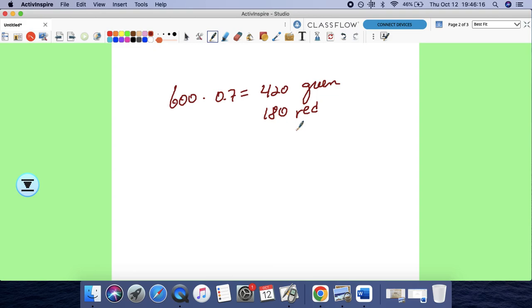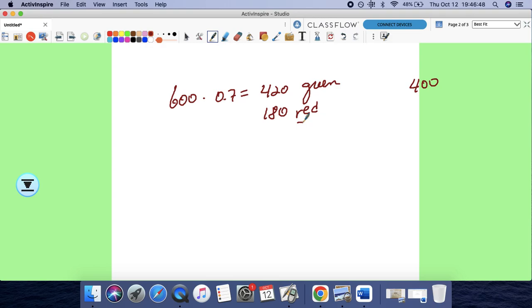So, well, how much do we have left? We have 400 left. If we have 400 left, he wants exactly half of the total number of peppers picked to be red.